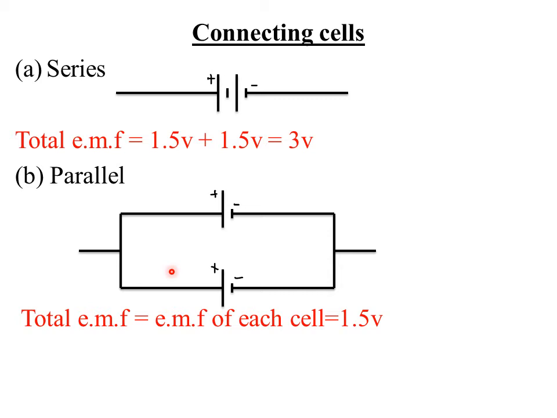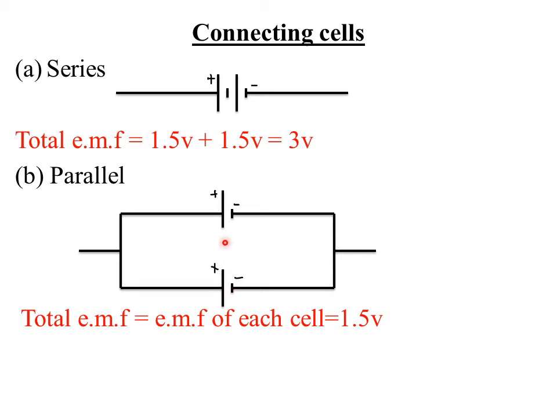Then the EMF of cells connected in parallel is the same as that of a single cell. So the total EMF of cells which are arranged in parallel is equivalent to the EMF of just one cell.